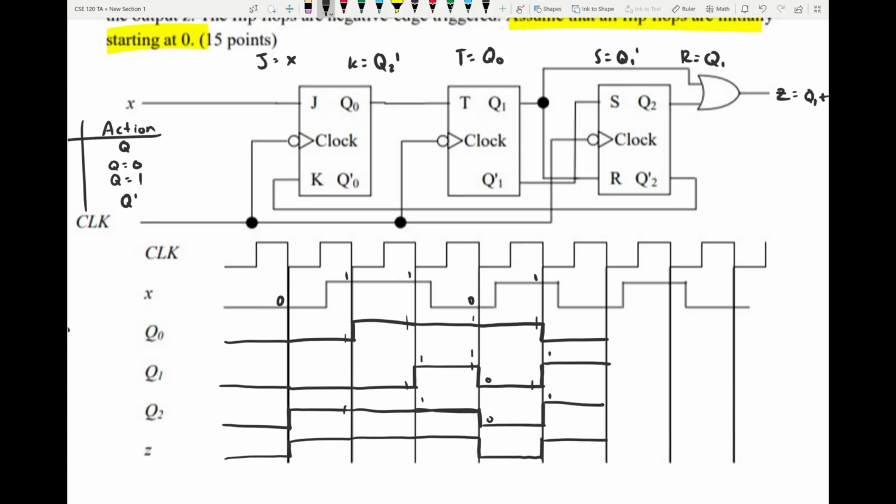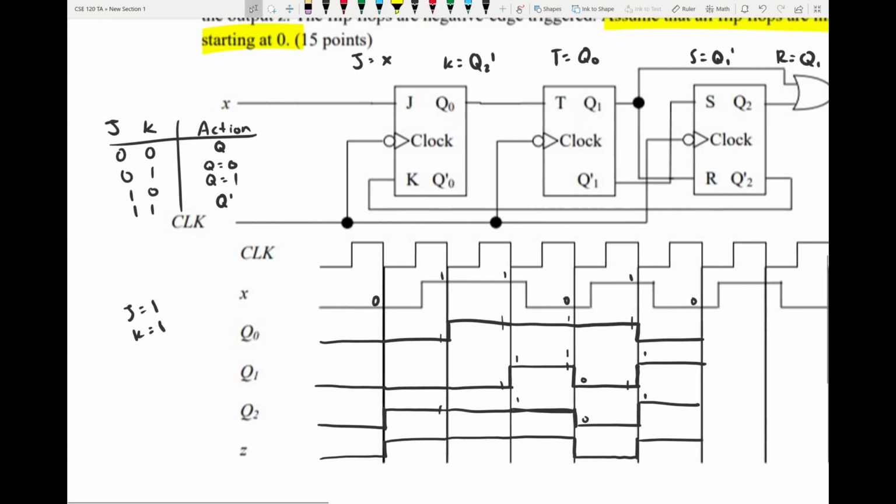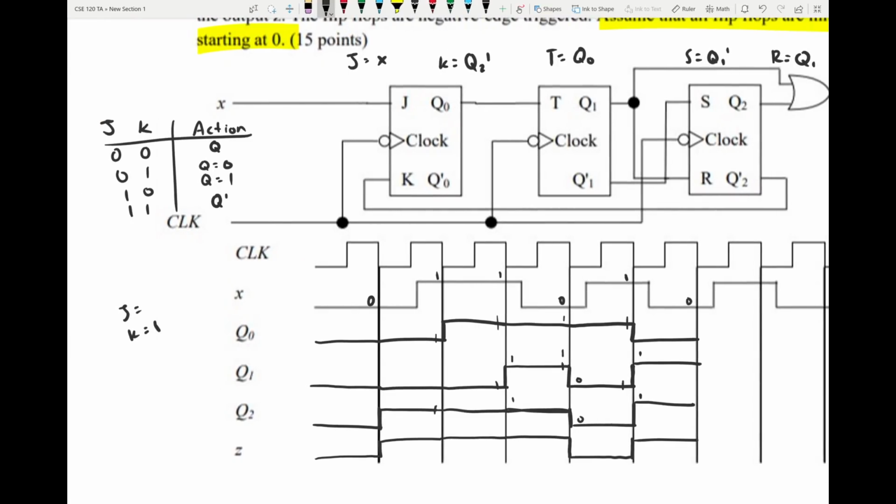Next clock cycle, our X is 0, which means our J is 0. Now K, being based on Q2 naught, Q2 at this point was a 1, which means K is going to be a 0. With J 0, K 0, we're just going to stay constant with our Q, which means Q0 is going to stay at 0.